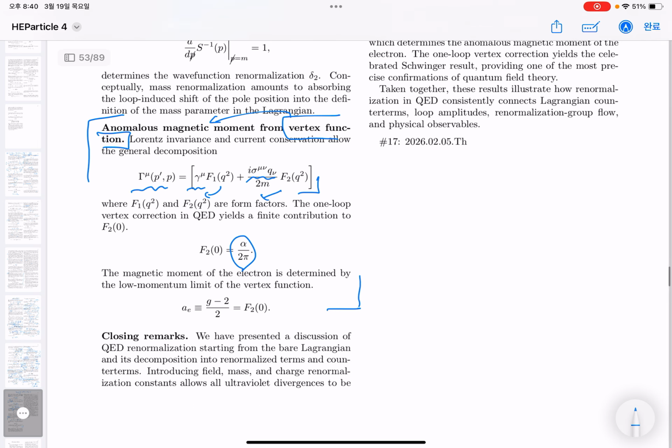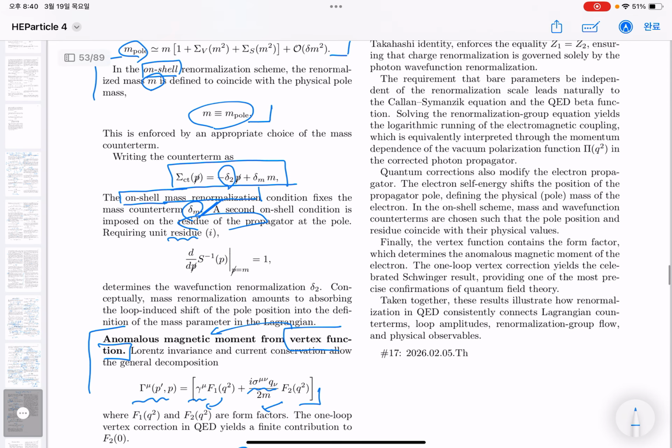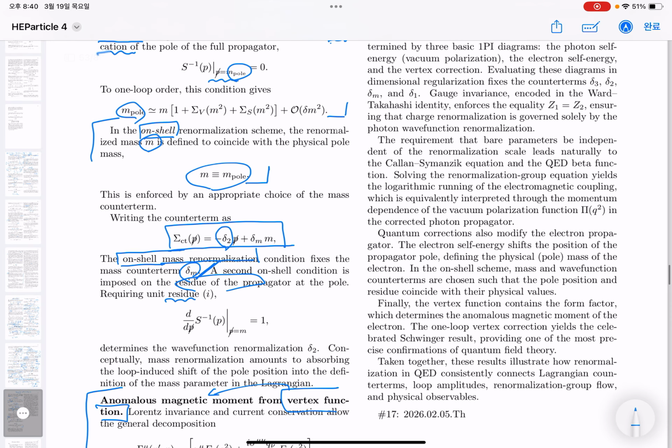So today we talked about QED renormalization, starting from the counterterms to cancel the divergences. Then all the counterterms can be determined by the loop diagrams of the photon self-energy, electron self-energy, and the vertex function. And we turned to how these determined counterterms can be used.